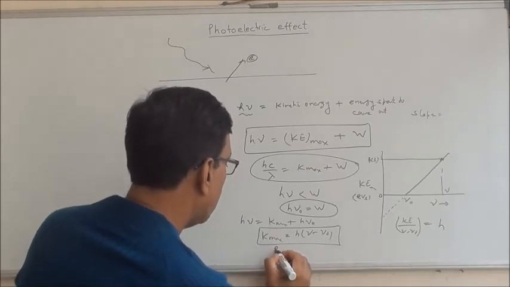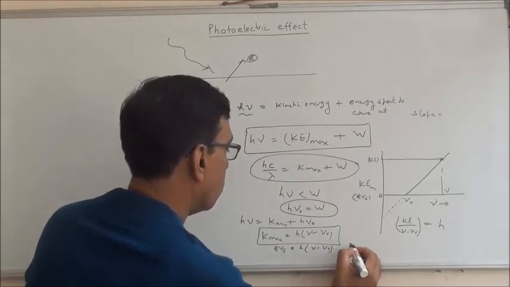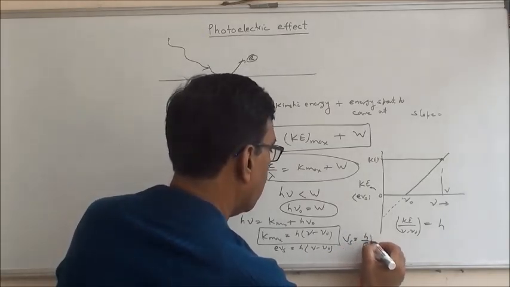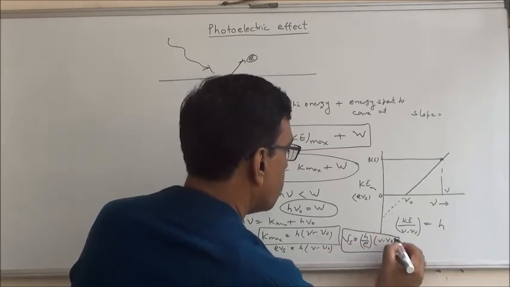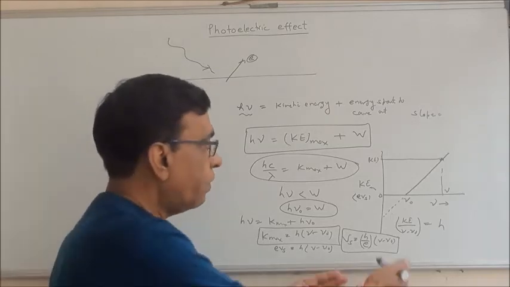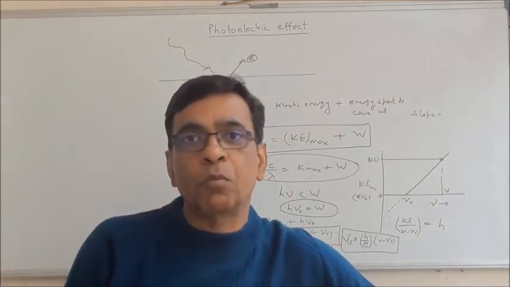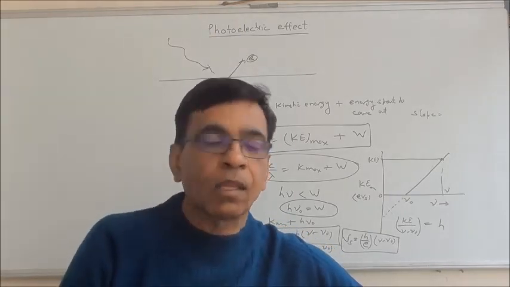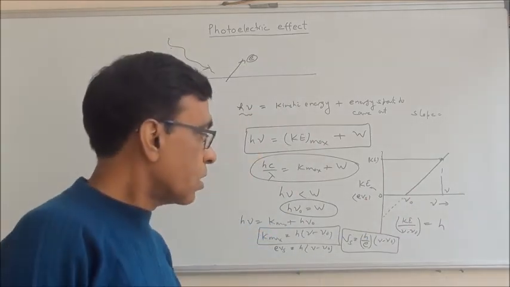If I write it, eVs is h times nu minus nu naught. Then Vs is h upon e, times nu minus nu naught. So in that case, the slope will be h upon e. So if a graph is plotted between stopping potential and nu, the slope is h upon e. If the graph is between kinetic energy and nu, the slope is h, but the slope is constant.